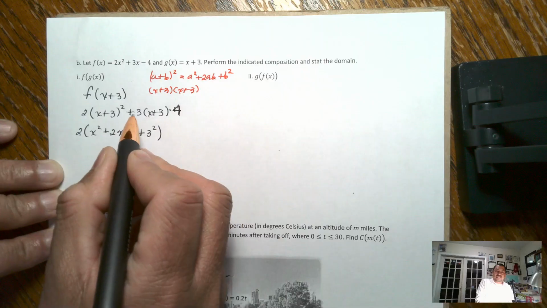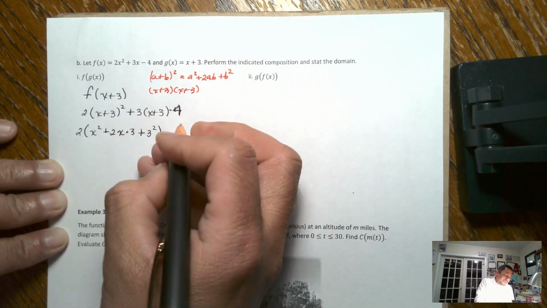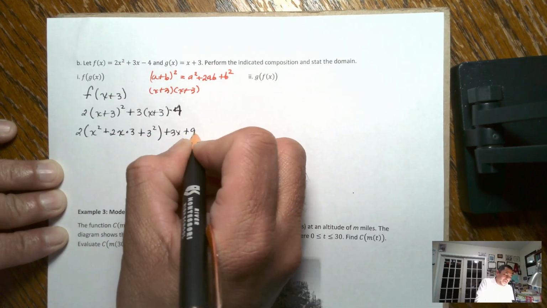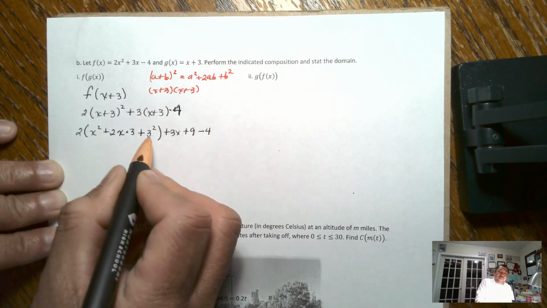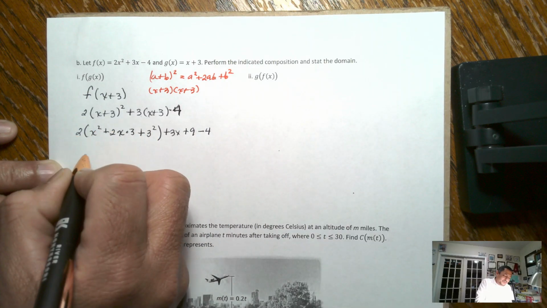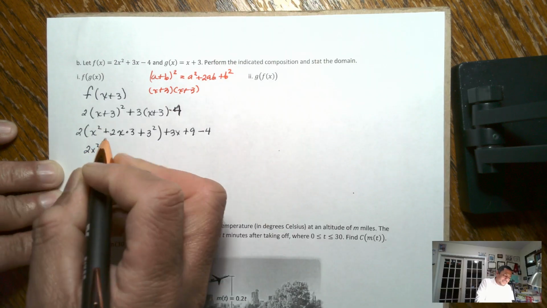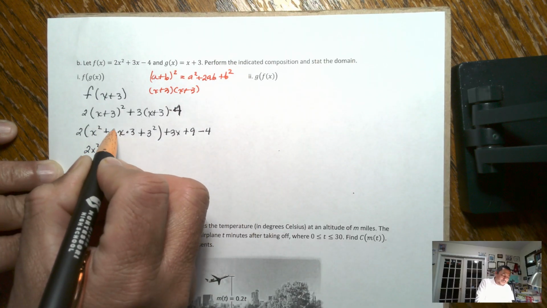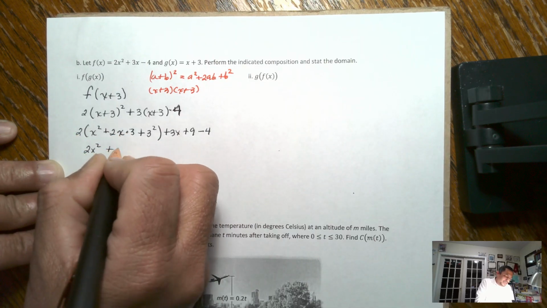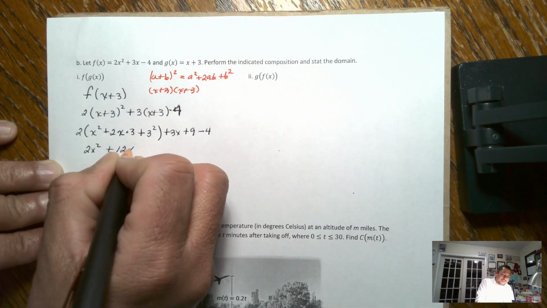This one is just a simple distributive property. 3 times x is plus 3x, 3 times 3 is plus 9, minus 4. And now I apply the distributive property. 2 times x squared is 2x squared. 2 times 6 is 12, plus 12x.